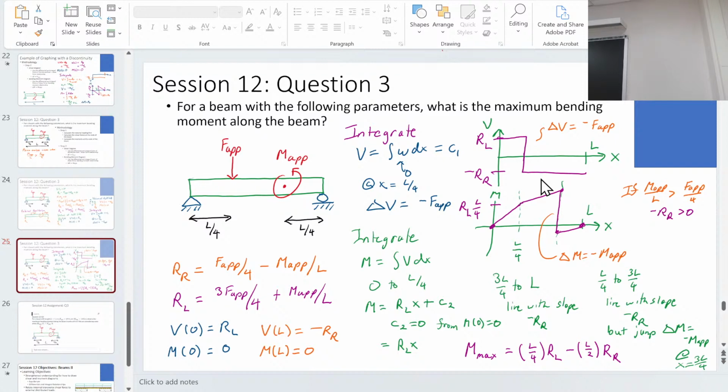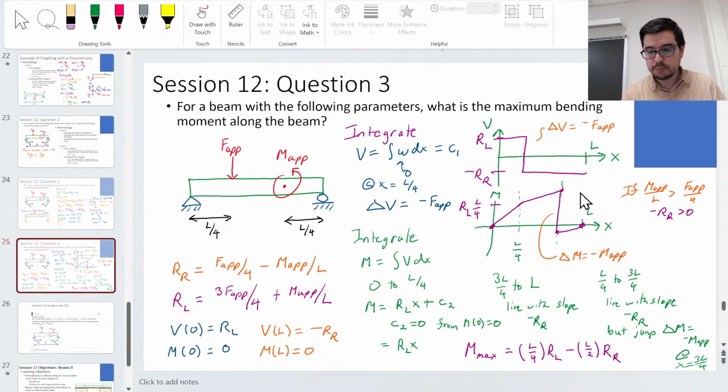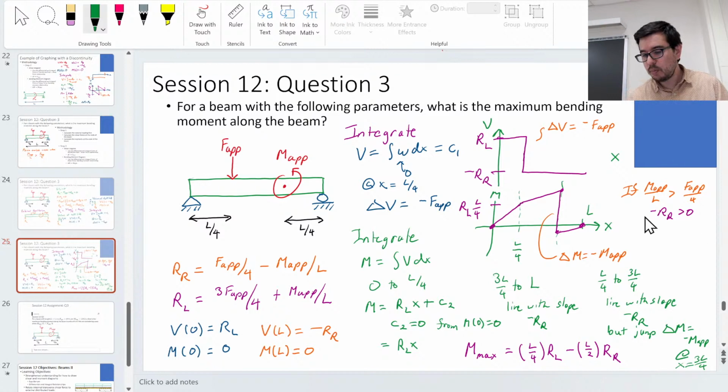So yeah, this is a little bit misleading. If you do the math out, right, so we put this condition here. To be a little bit more specific and a little bit more careful, okay, the minus R_R is actually greater than 0, right?